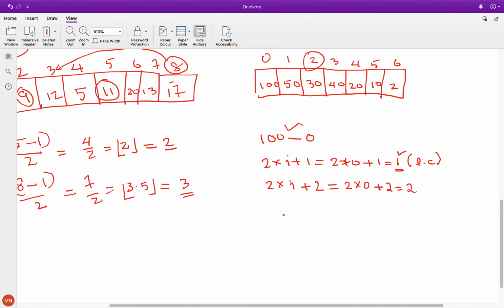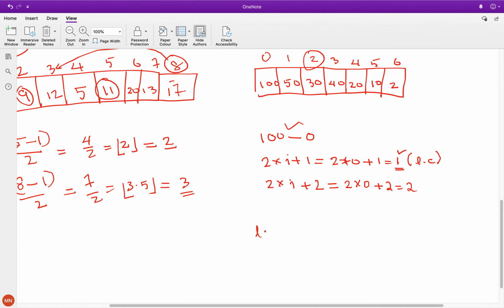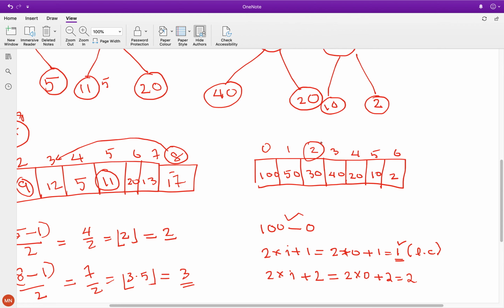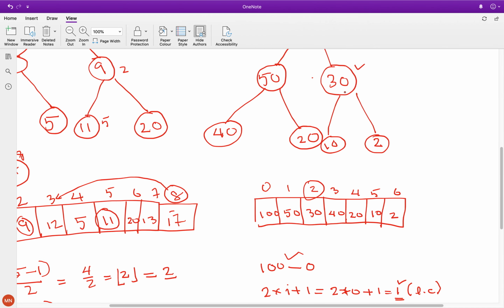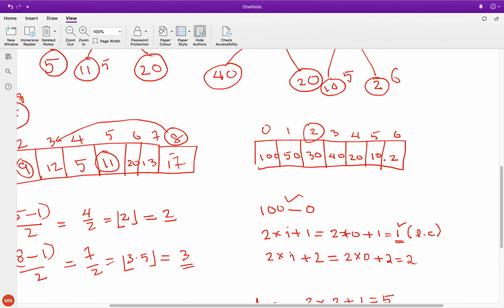The index is 2, so the left child will be at 2 * 2 + 1, which is equal to 5, and the right child will be at 2 * 2 + 2, which is equal to 6. So you can see that the children of 30 are at indices 5 and 6 respectively.